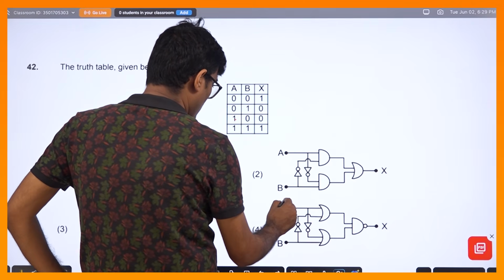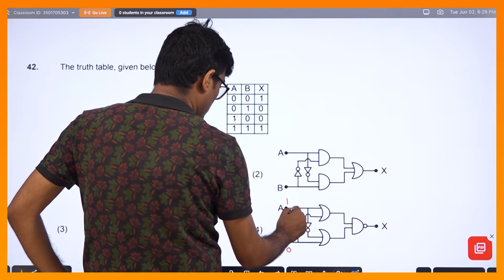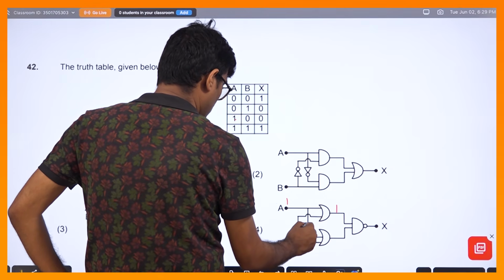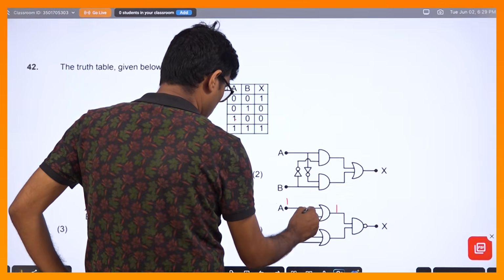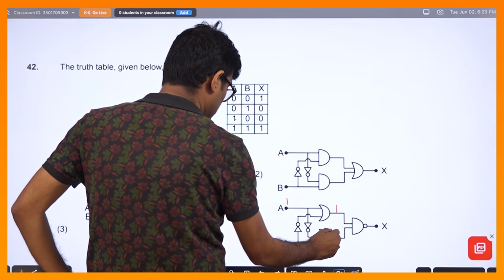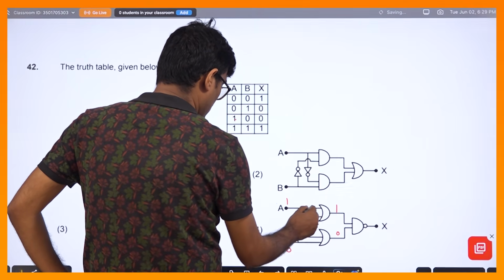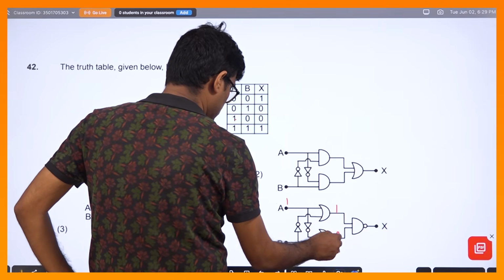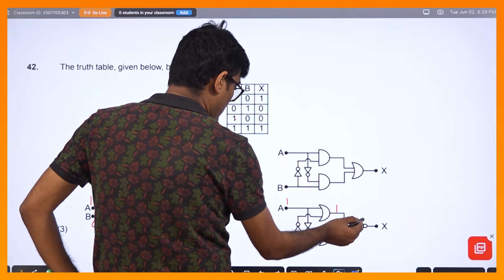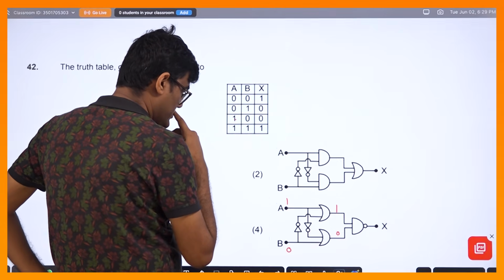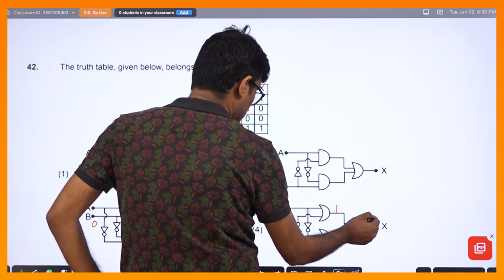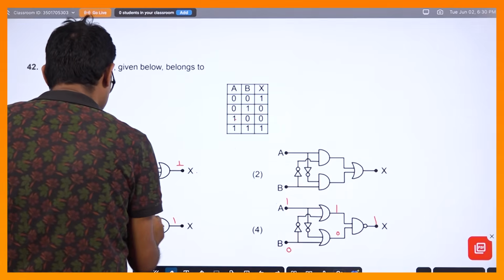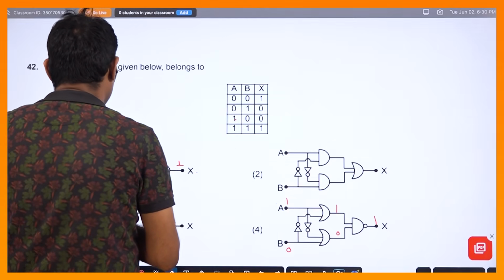Is it matching? 1, 0, 1, 1, 1, 0 means 0 and 0 is 0. 1, 1 and 0, 0, 0. So if they are now in AND function, AND function becomes 0 and this is 1. 1 0 1 1 0 1, that is also not matching.